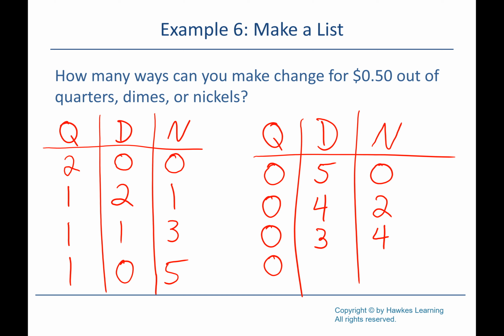And I should have written smaller. Okay. And then I got to squeeze in 1 more. What's the last one going to be? 10 nickels, yeah, 10 nickels. Sorry, I wrote too big. 0 quarters, 0 dimes, and then 10 nickels.